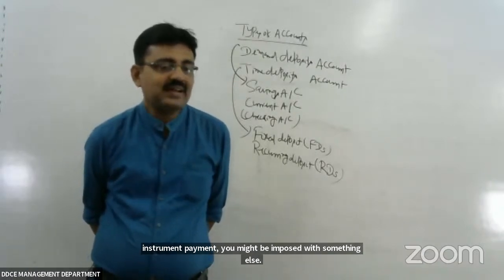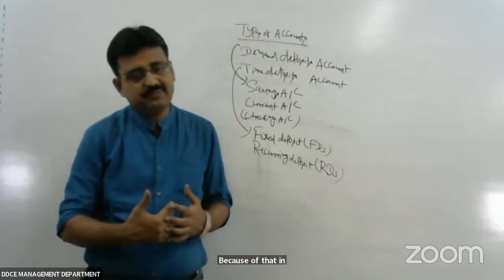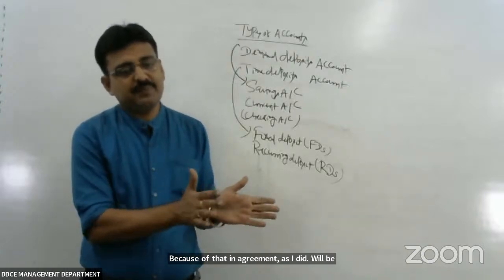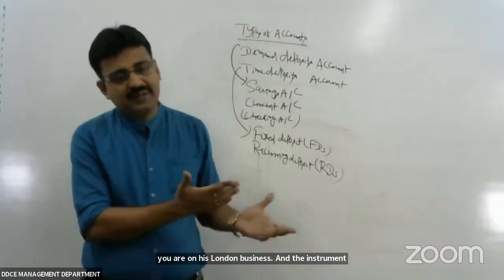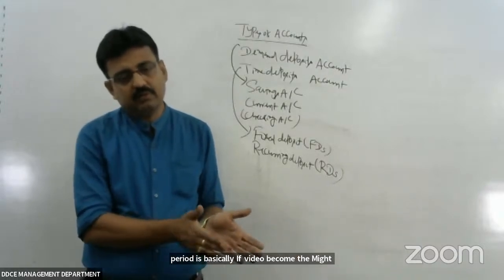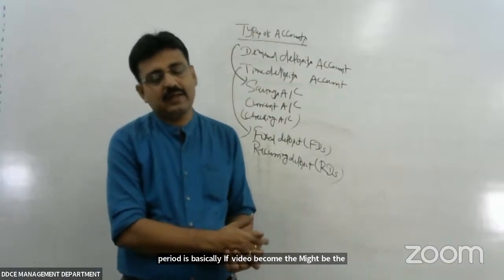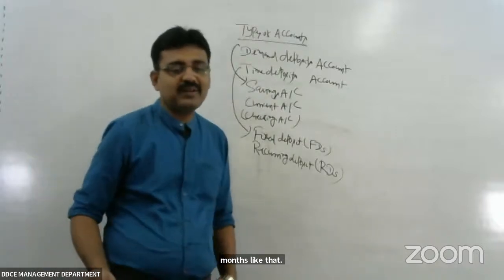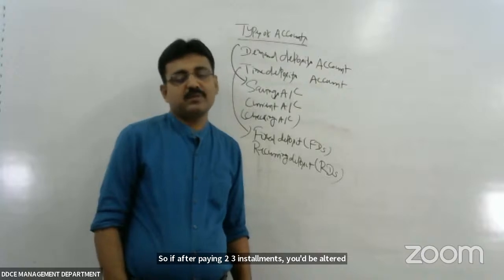Because the bank in agreement has agreed to receive money from you on an installment basis, and the installment period is basically a periodical term, might be a period of 1 month, or 2 months, or 3 months. So if after paying 2-3 installments you default on making payment, the bank will have to face some loss.